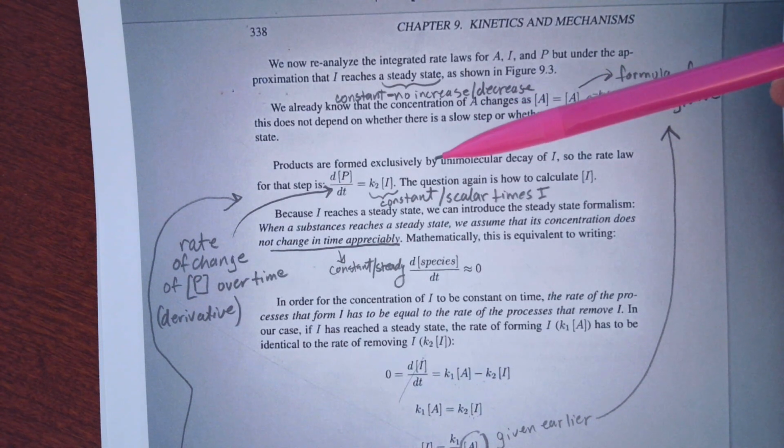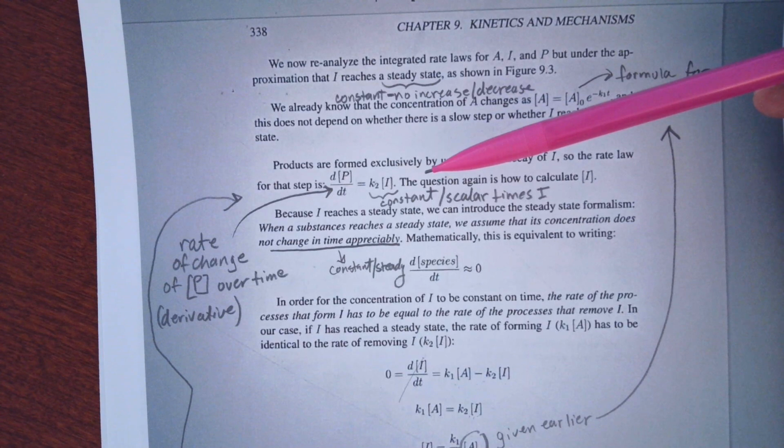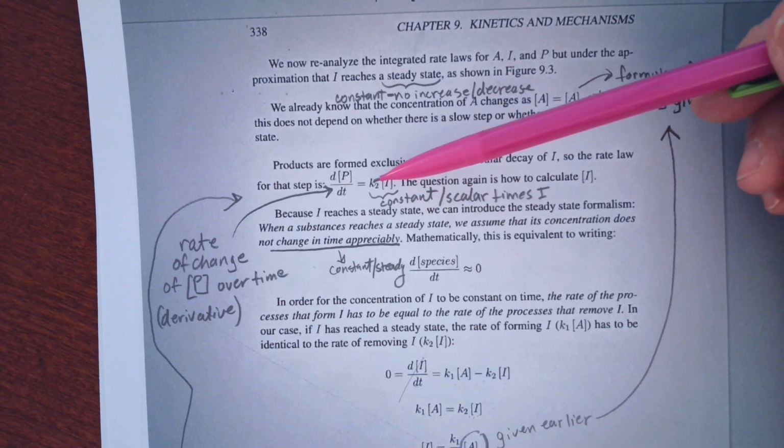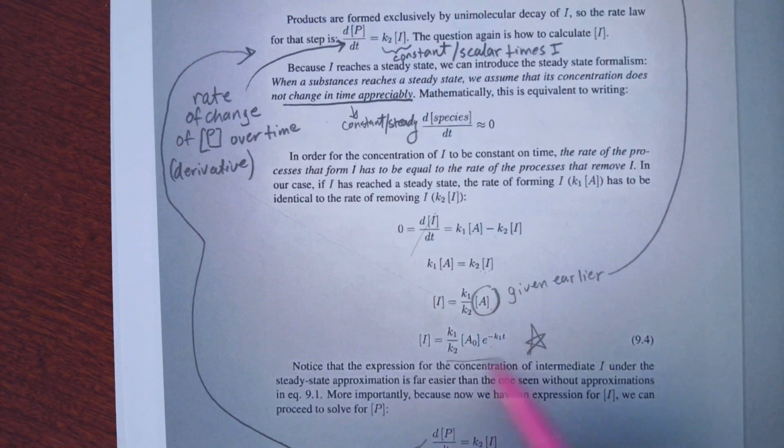So now that you know what I is, I think on the next page they're going to multiply K2 times I. If you multiply this I by K2, that K2 is going to go away, right? So I think that's what we're going to see on the next page.